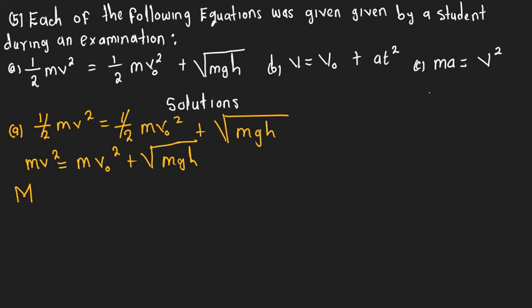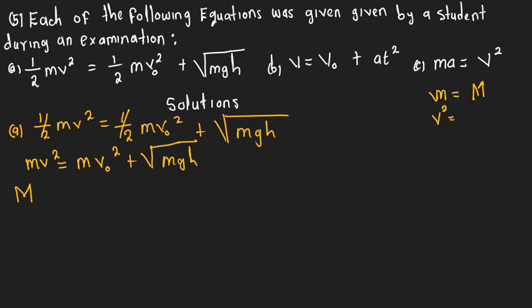What are the dimensions of velocity? We already mentioned that the dimensions of, okay, let me start with mass. The dimensions of mass are simply big letter M. Dimensions of velocity, okay, squared.